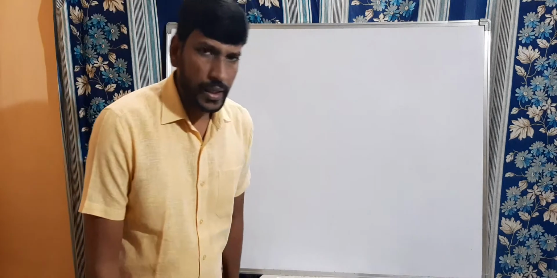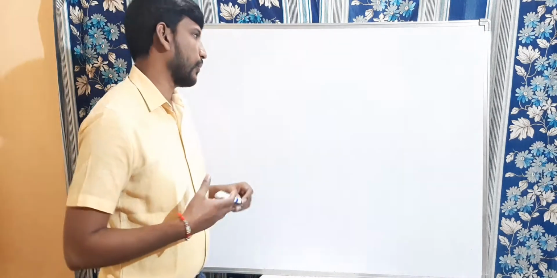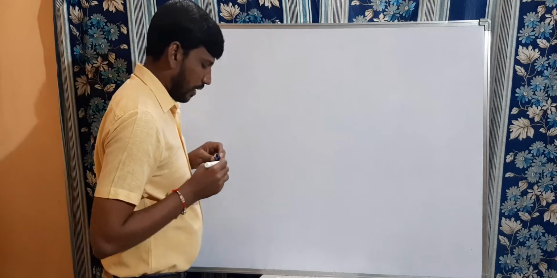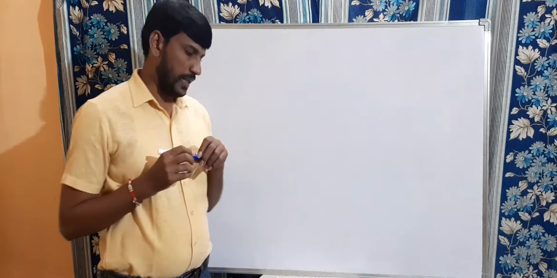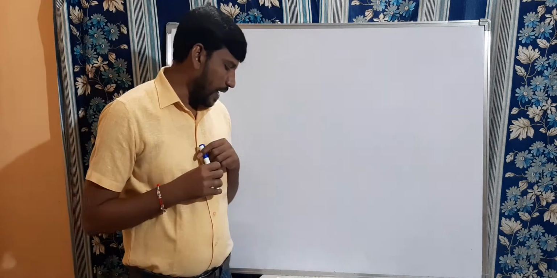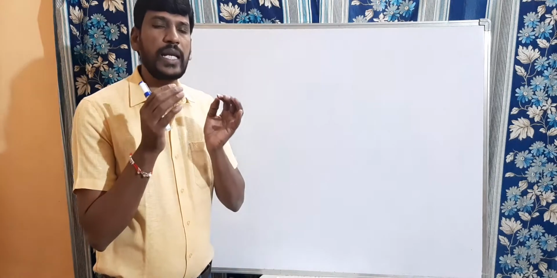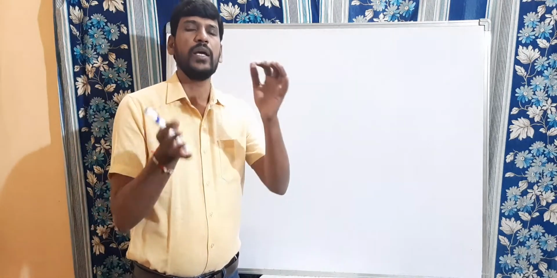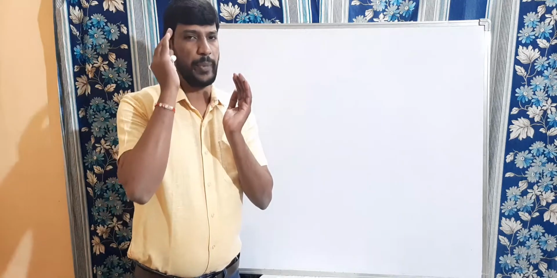Now, children, let us discuss question number 2. I am going to read the question. It is required to make a closed cylindrical tank. Everything will be closed here, so keep TSA in mind.